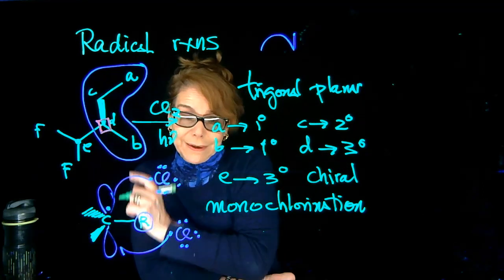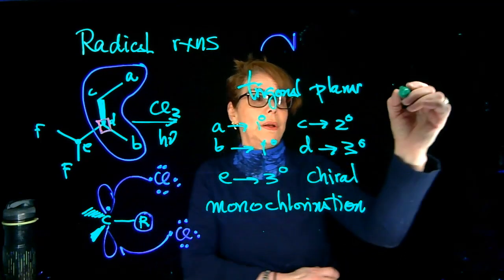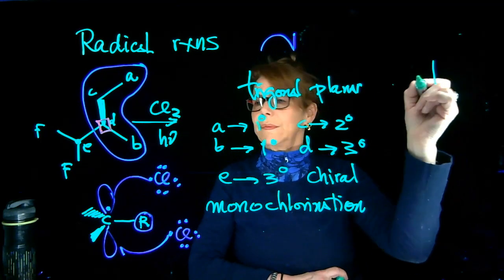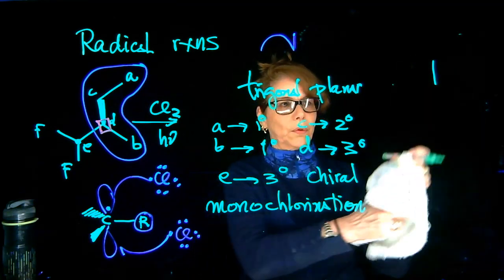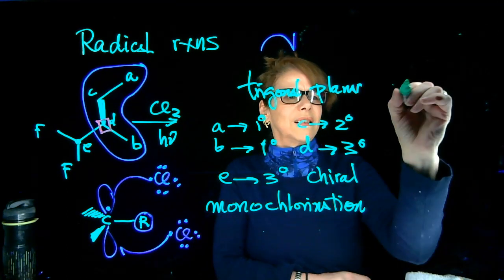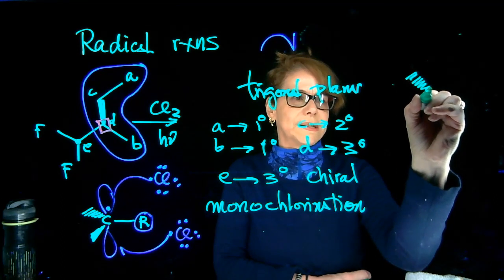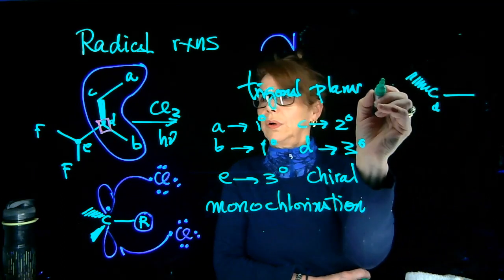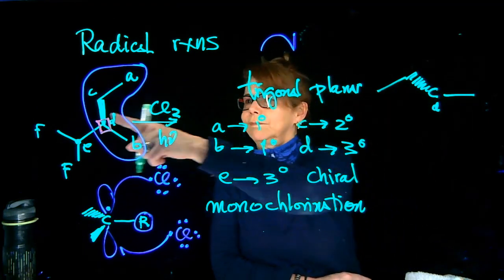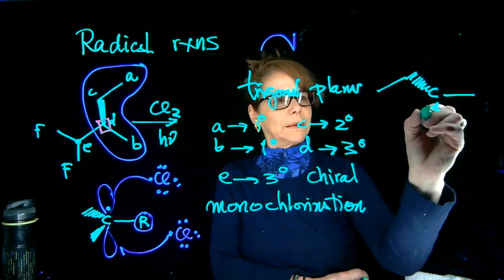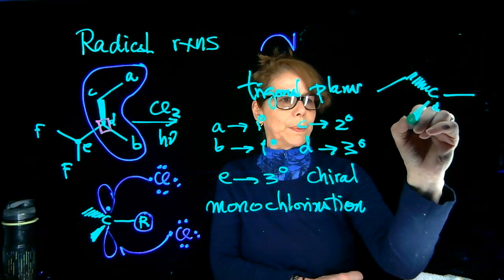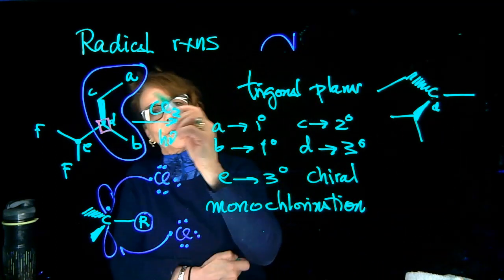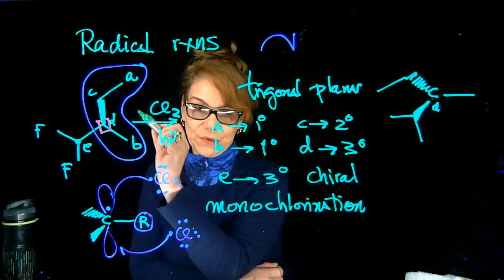The geometry about the center D was tetrahedral, but now this becomes trigonal planar. Same strategy I did before, say that this is carbon B. And now I will have an ethyl, a methyl, and I will have another group that is this. So now this has a specific configuration to it.